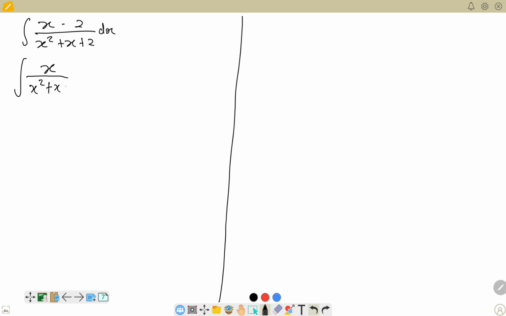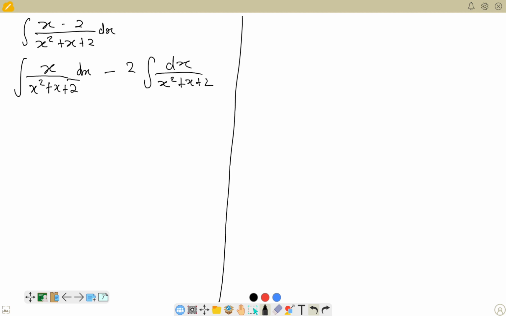Then we have x over x squared plus x plus 2 dx minus 2. We can take it out of the integral because it's a constant. Then we have x squared plus x plus 2. We have just divided x minus 2 by the denominator.